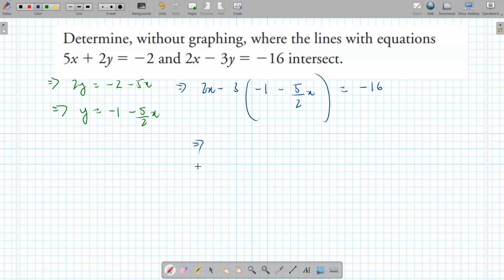How do you solve this linear equation for x? You're going to open the bracket. What do you get if you open the bracket?